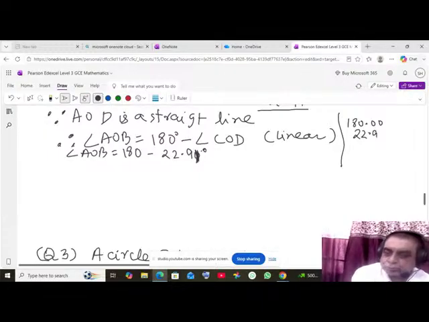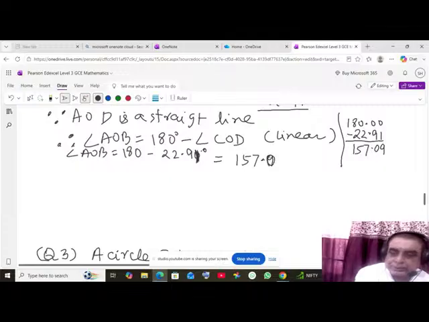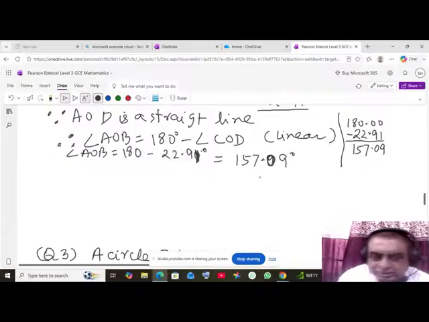It is better to use a minute than doing it wrong. 0.9 minus 2 is 7, and 7 minus 2 is 5 and 1. So this comes to 157.0909 degrees. You may put it like this.